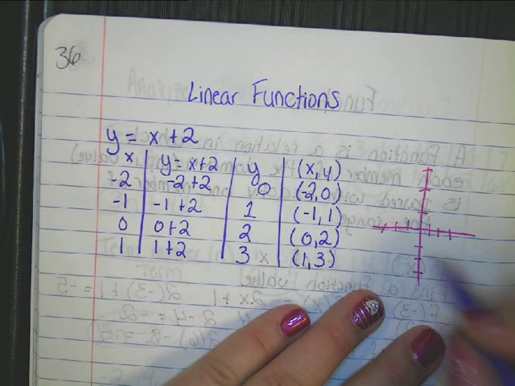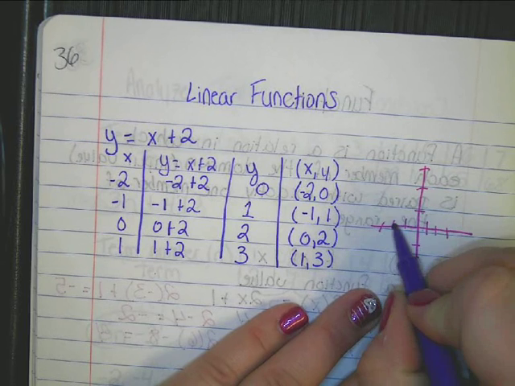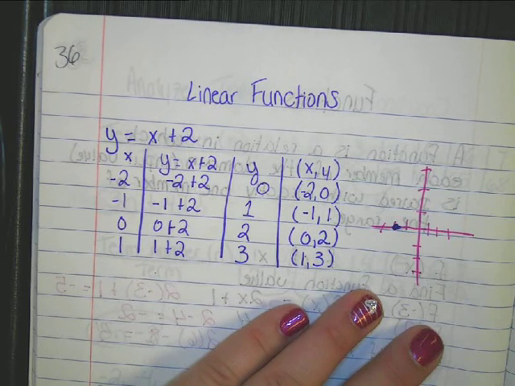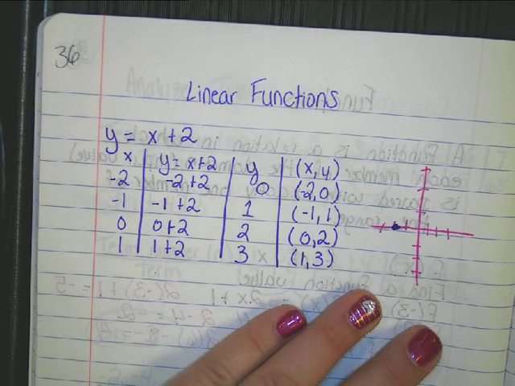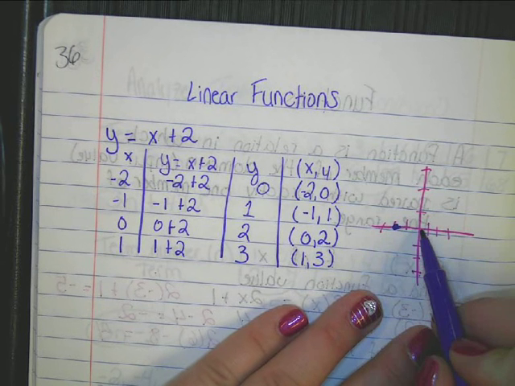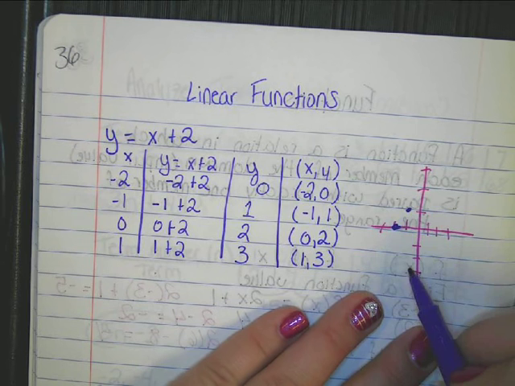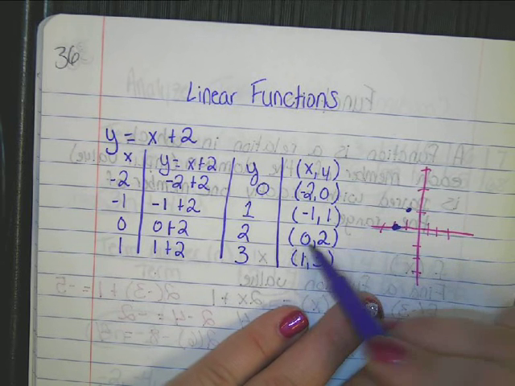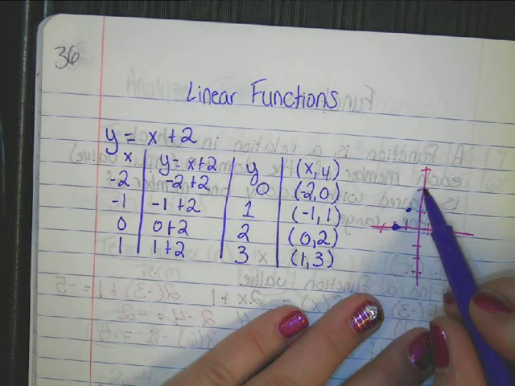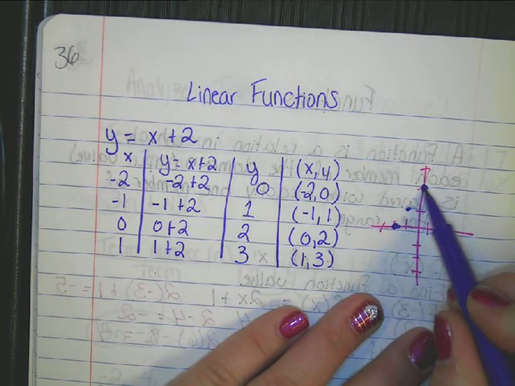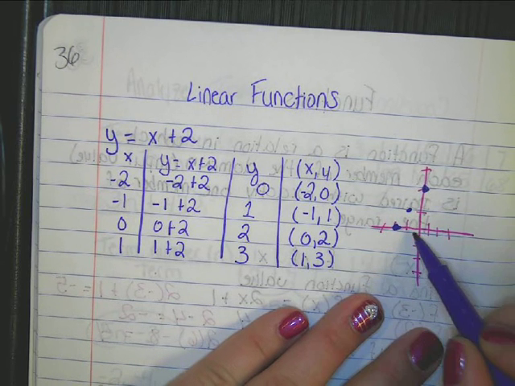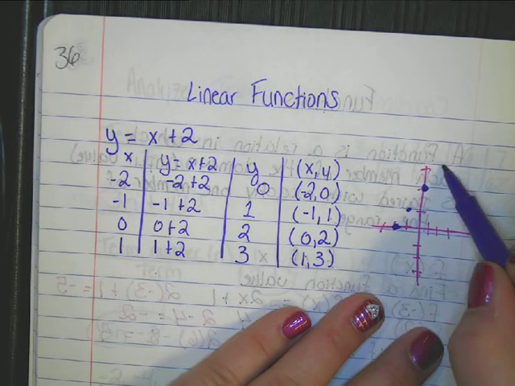So left 2, and then I'm not going anywhere. I'm staying right there. -1, 1. Starting at the middle, I go left 1, up 1. 0, 2, I'm not going anywhere besides up 2. And the last one, 1, 3, I go right 1, up to 3.